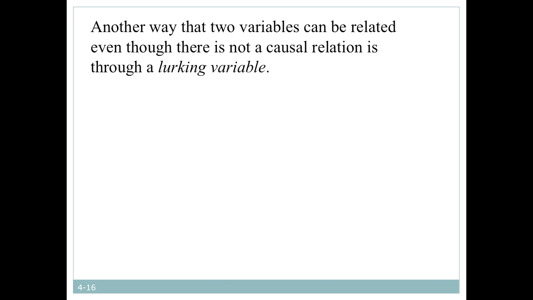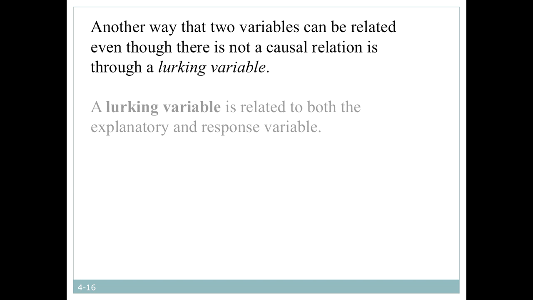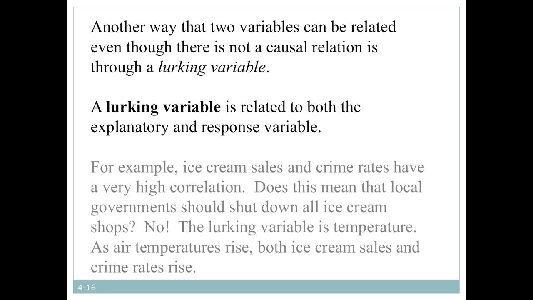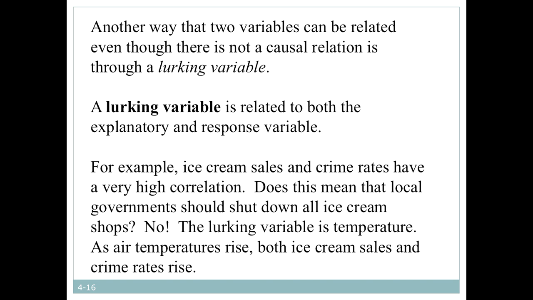Now, another way that two variables can be related, even though there's not a causal relationship, is through a lurking variable. A lurking variable is just a variable that is related to both the explanatory and the response variable in some way. So, for example, ice cream sales and crime rates, when we look at them together, have a really high correlation with one another.